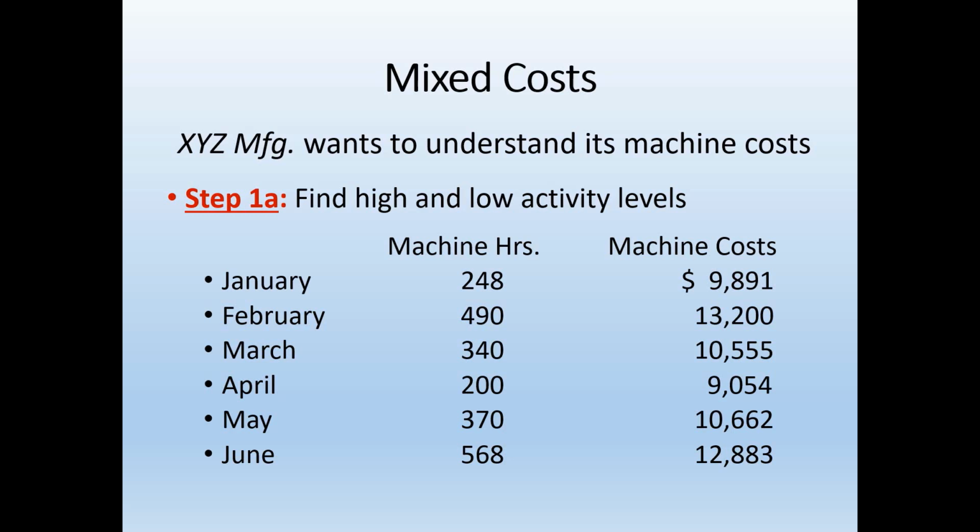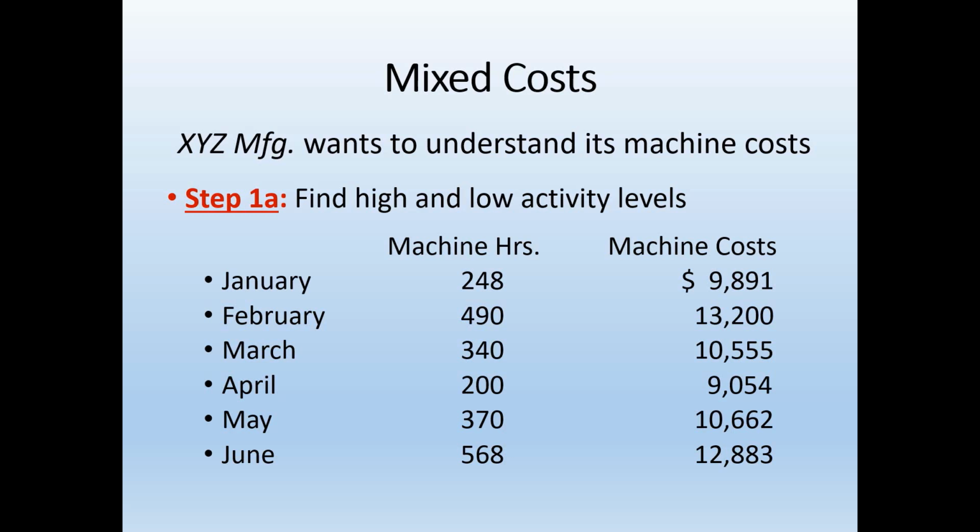So it collected some data over 6 months. That data includes how many hours the machines were used in each month and how much it cost the firm to run the machines. Now the firm wants to use the high-low method to develop an equation so that it can predict its machine costs at any level of activity within the relevant range.